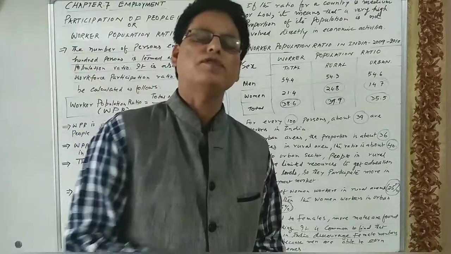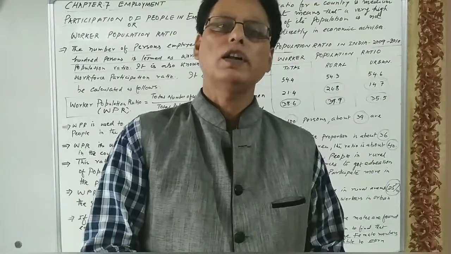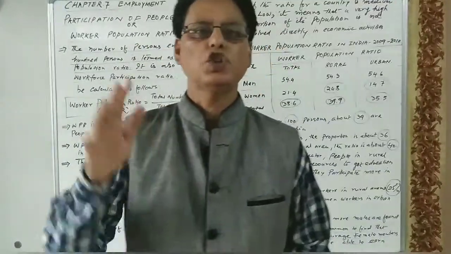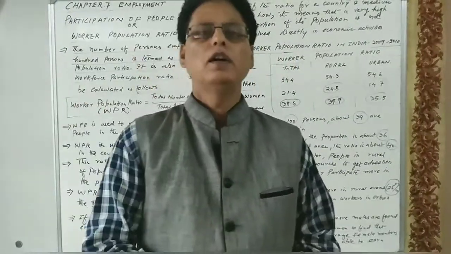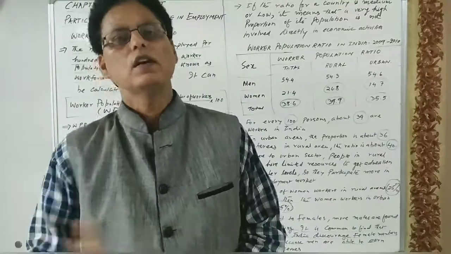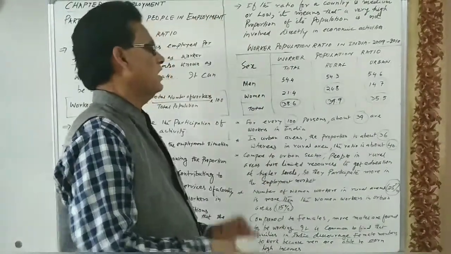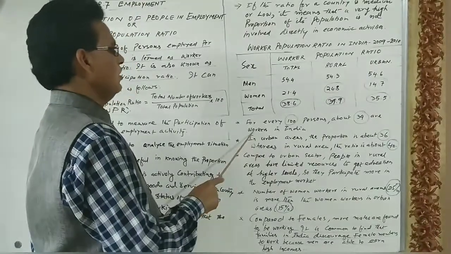It means out of 100, only 39 are workers. The rest are non-workers. Non-workers may constitute children, students, old people, retired persons, or disabled persons. It means out of 100, only 39 are workers in our country.